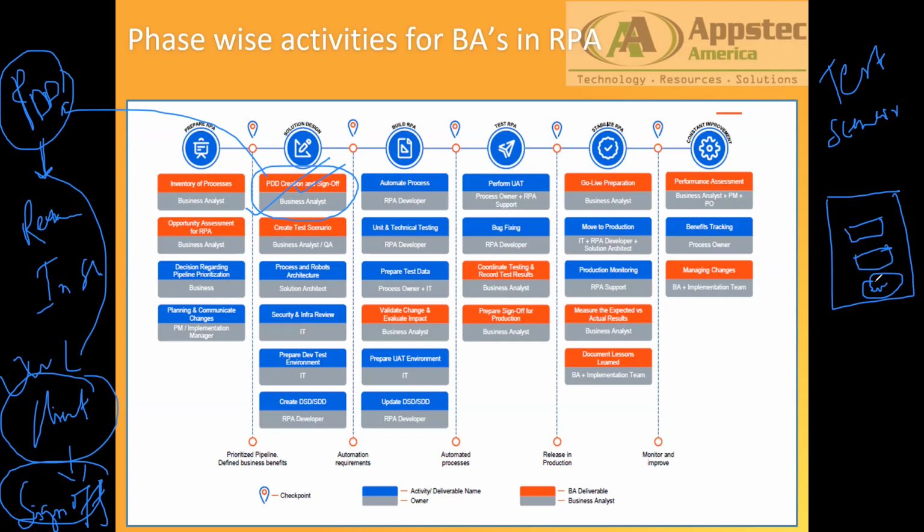Let's say this is the first activity that the bot will do. So I can create different test scenarios, and these will not be used right now. They will be used when my product is developed and I'm in the testing phase, but the scenarios at times are created before, so that the moment it is ready, we are able to test it.